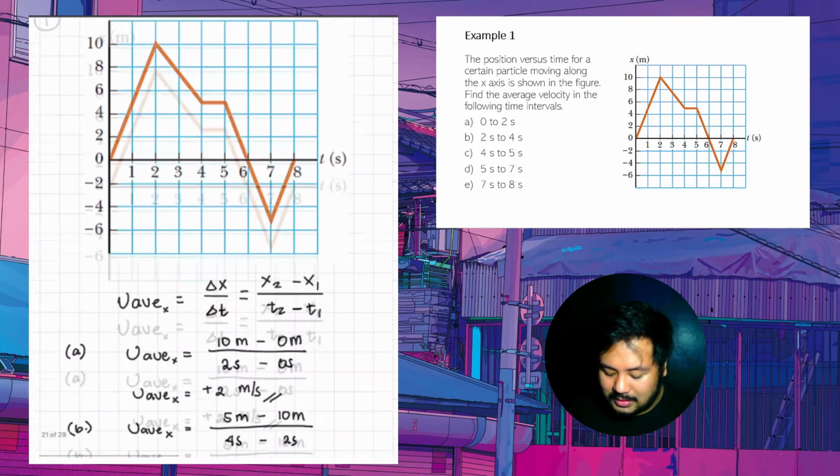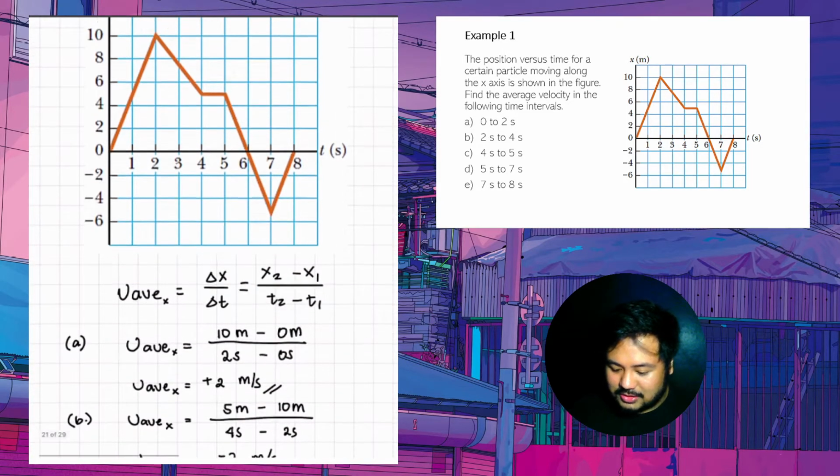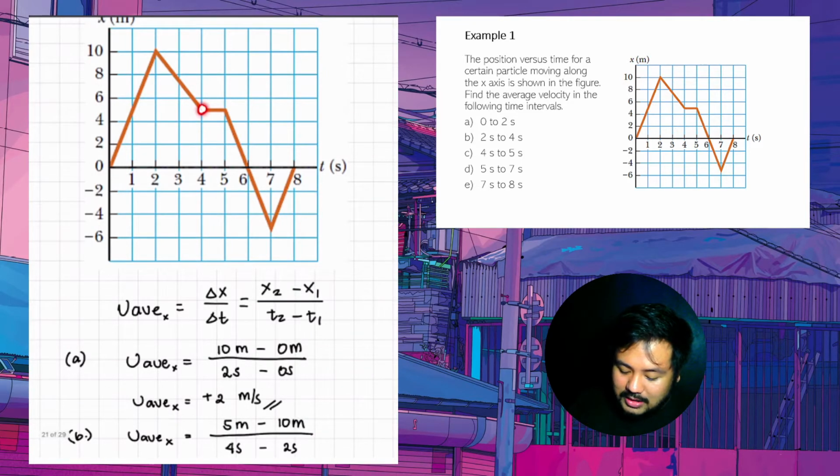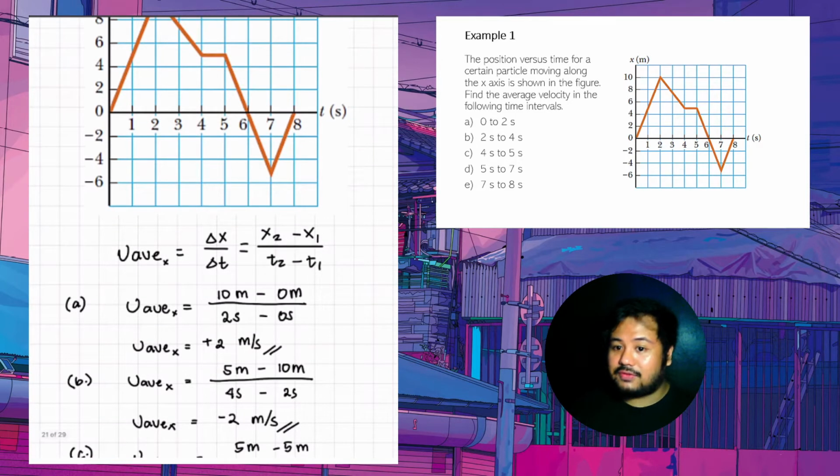For the average velocity along the x-axis, x2 is 5 meters, as this is in between 4 meters and 6 meters. So 5 meters minus 10 meters over 4 seconds minus 2 seconds, t2 minus t1. We have an average velocity of negative 2 meters per second.